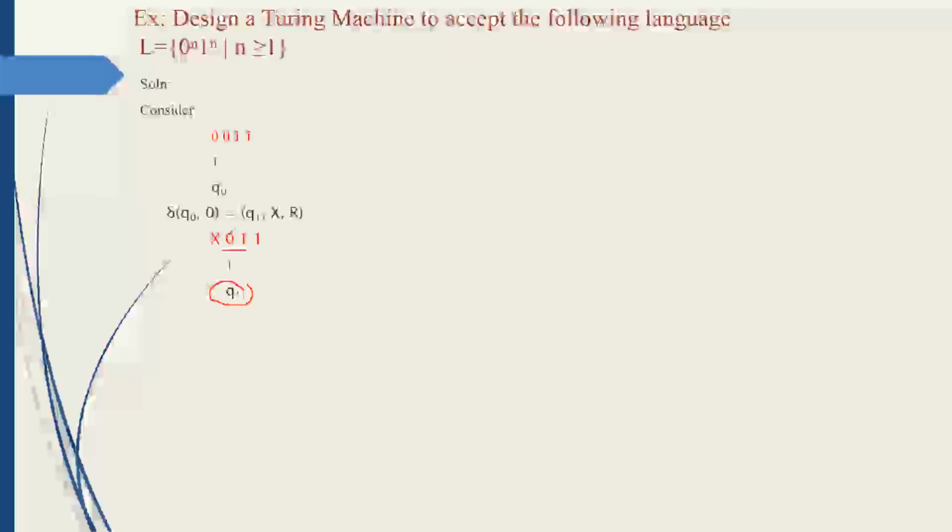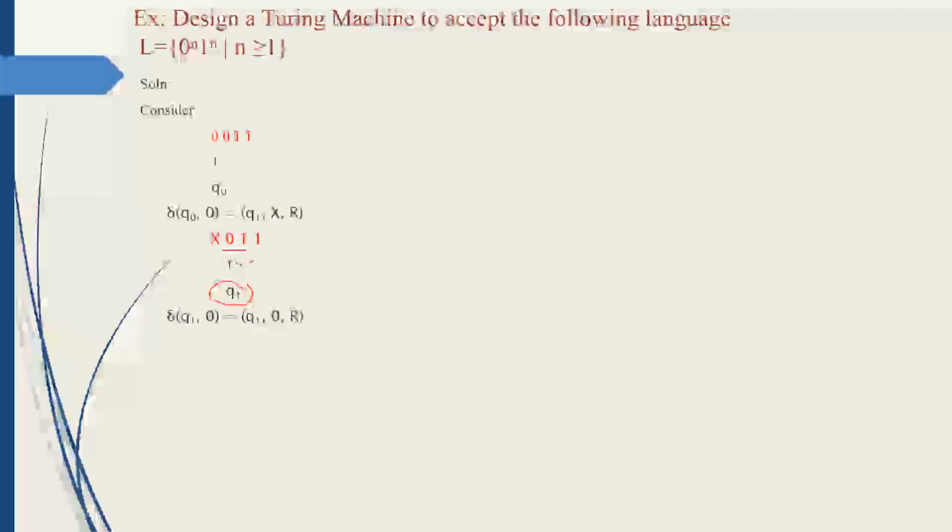Stay in the state Q1 itself, let 0 be as it is, and just move the cursor to the right direction, until I find 1. Once I find 1, which indicates that a 1 for the 0 is found, I need to write the transition for that. That is, if we are in the state Q1 and input is 0, let Q1 be as it is, let 0 be as it is, and move the cursor to the right direction.